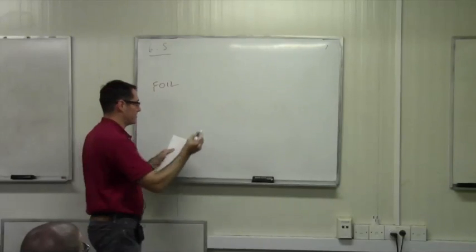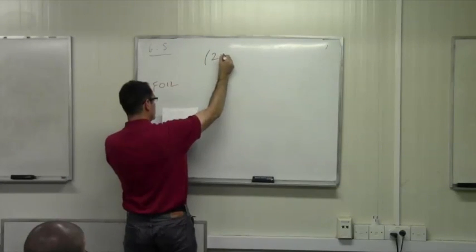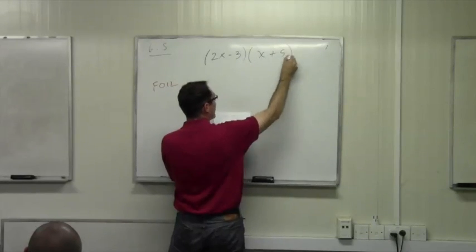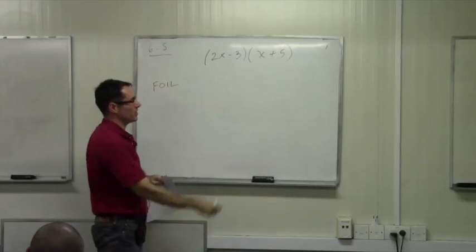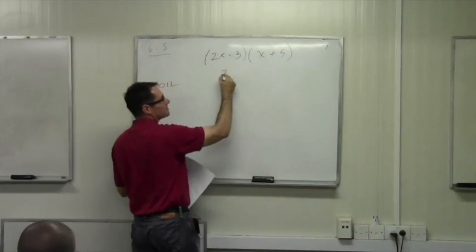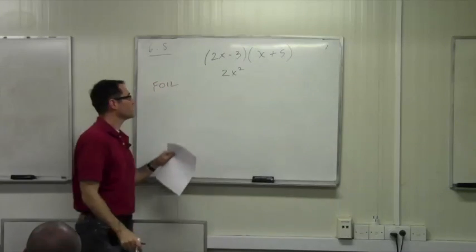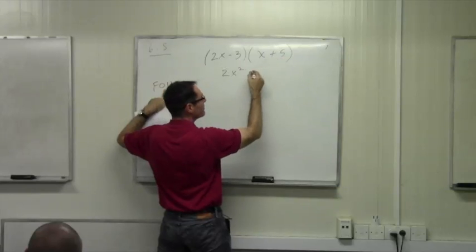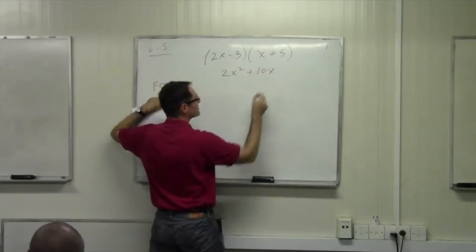Let's use the FOIL method to do this. One, 2x minus 3 times x plus 5. The first terms, 2x and x, give 2x squared. The outside terms, 2x and 5, give 10x.